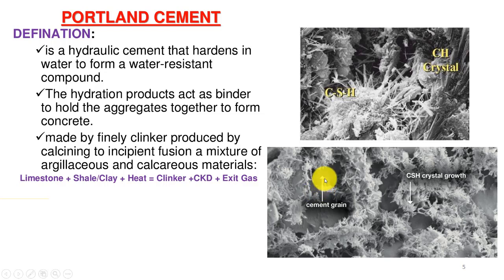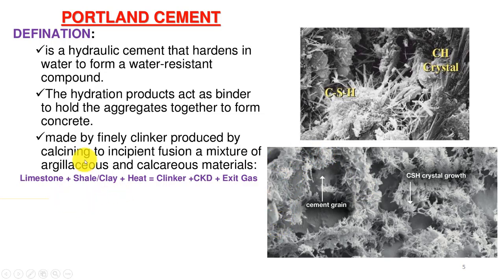You can see in the same micrograph over here that cement grain is still intact, and upper 20% of its upper region is being hydrated into some sort of a gel and crystals. So these formation of a gel and crystal will contribute toward the strength gain.